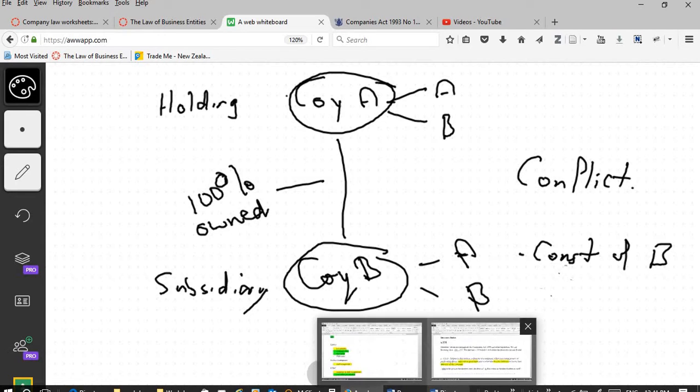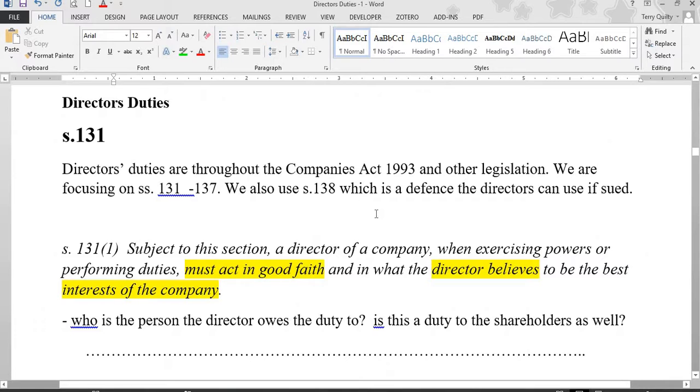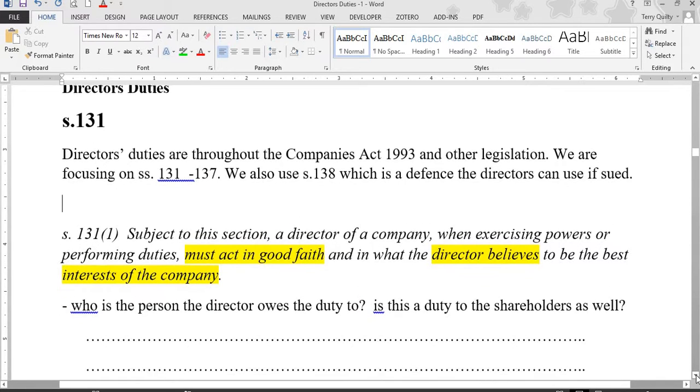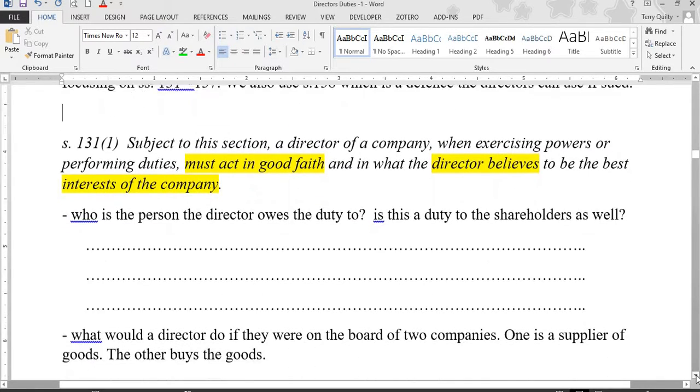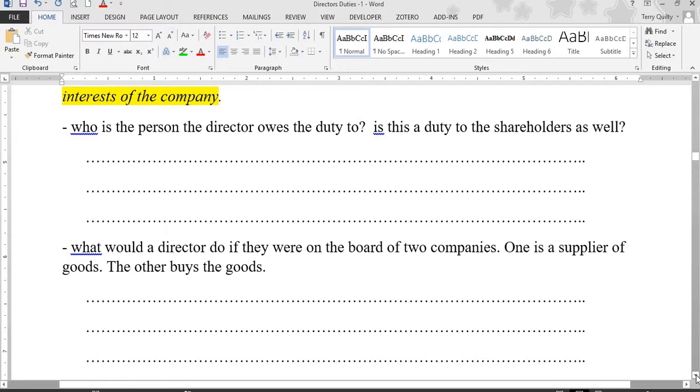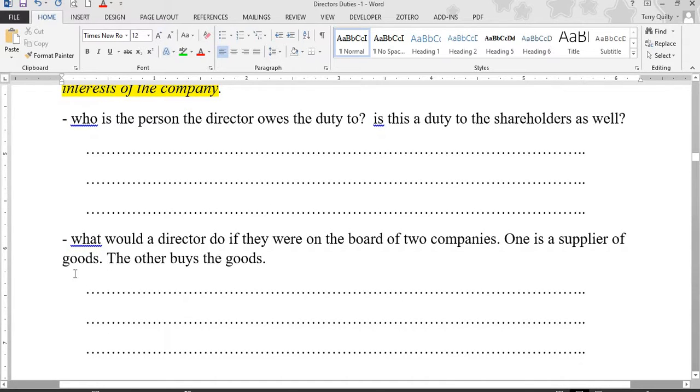Now, if we go back to our spreadsheet, you can see we're working through these sections, and the subsection 1 requirements that we've been through. So here we have this example of a company on the board of two companies. One is the supplier, the other is the purchaser. What's the problem?